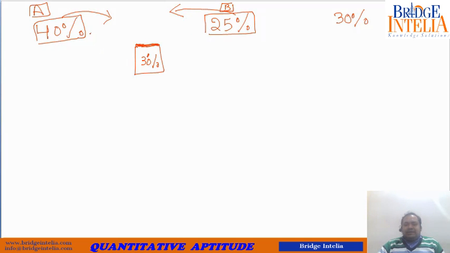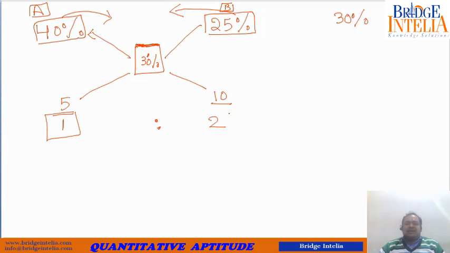Now take the alligation method, difference of these two, and write it diagonally, difference of 40 and 30. So difference of 40 and 30 is 10, difference of 25 and 30 diagonally, so this is 5. So this 5 and 10 will give you an indication of the ratio in which these mixtures are to be mixed.